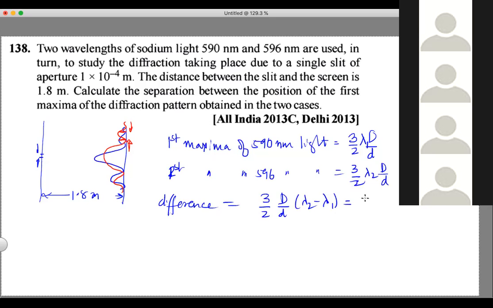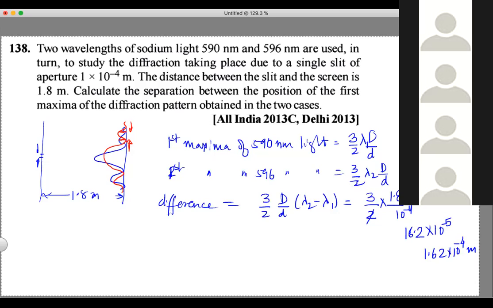The difference is 6 here, and this is 3/2 into D, which is 1.8, over small d, which is 10 raised to the power minus 4, into the difference, 6 into 10 raised to the power minus 9. 9 into 1.8 is 16.2, right? 16.2 into 10 raised to the power minus 5, or 1.62 into 10 raised to the power minus 4. Okay, so this is the distance between the two maxima.